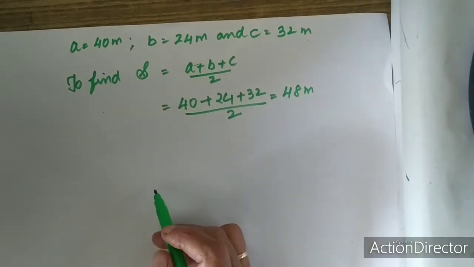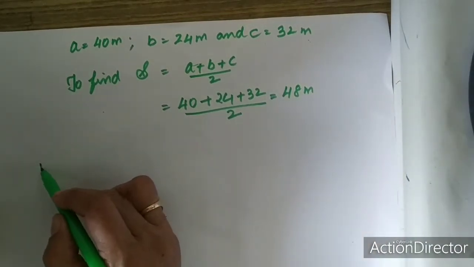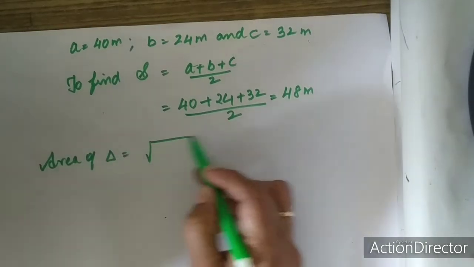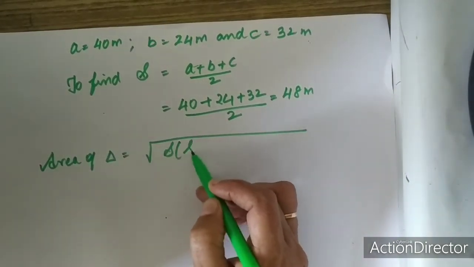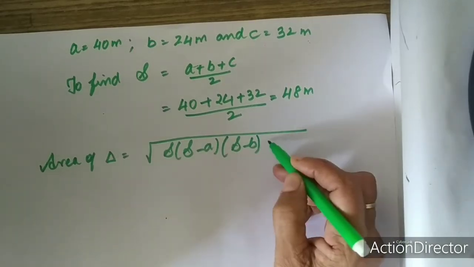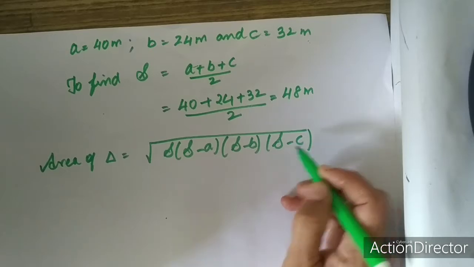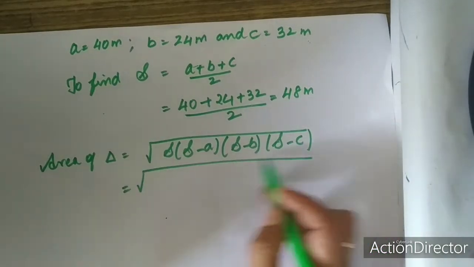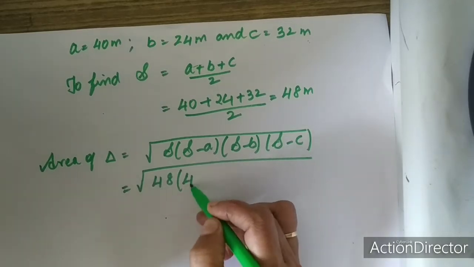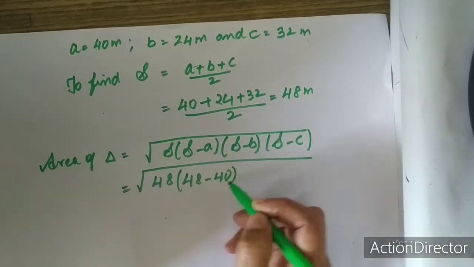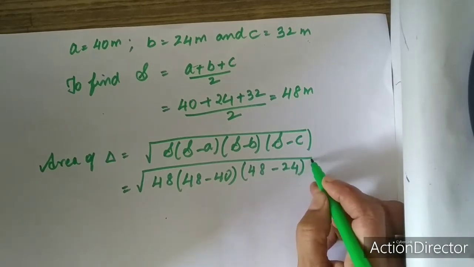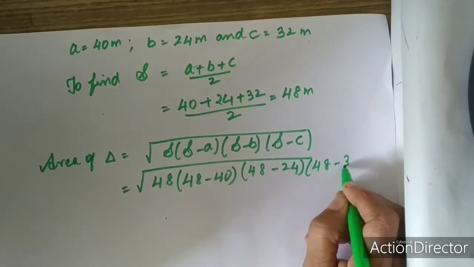Now by applying the formula, we get area of triangle is equal to under root of S into (S minus A) into (S minus B) into (S minus C). So this is equal to under root of 48 into (48 minus 40) into (48 minus 24) into (48 minus 32).